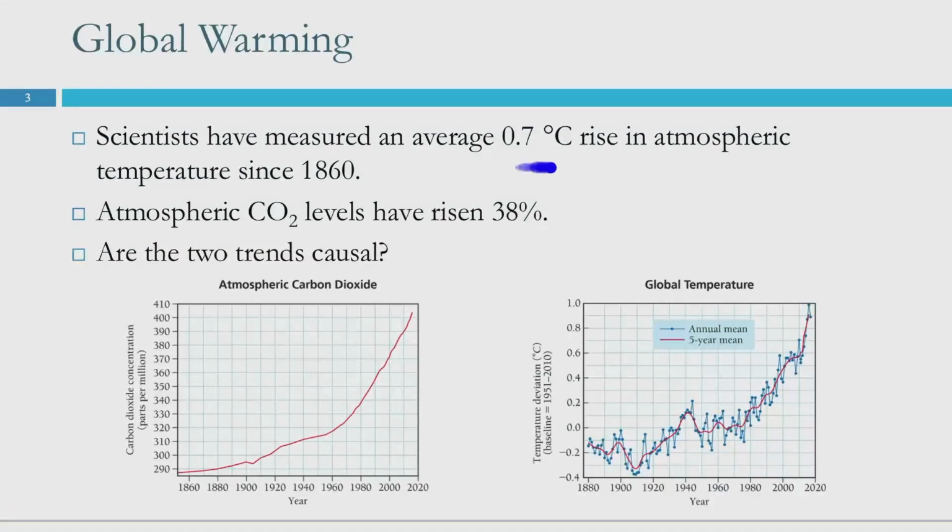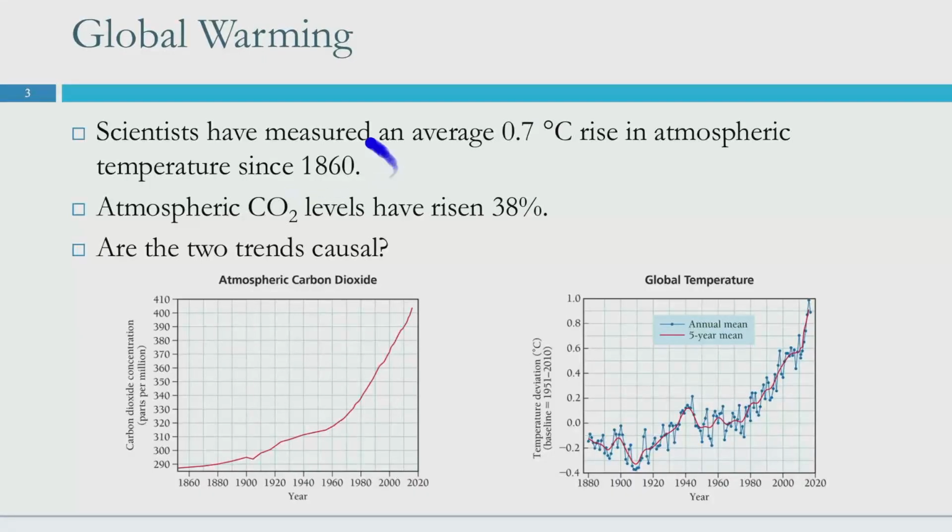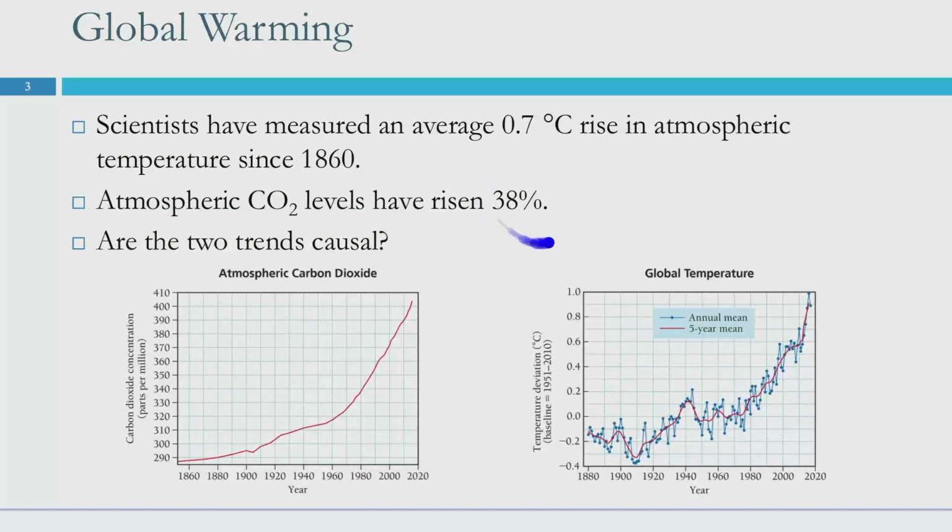So scientists have measured an average 0.7 degrees Celsius rise in atmospheric temperatures in the last 160 years. Atmospheric CO2 levels have also risen 38%. And so if we chart atmospheric carbon dioxide and global temperature, we see a correlation between these.